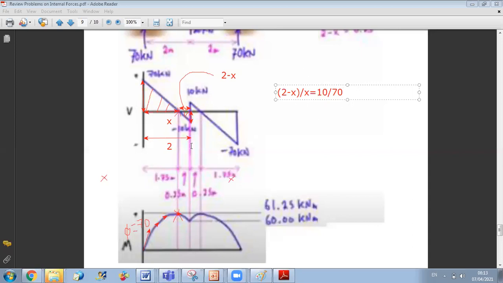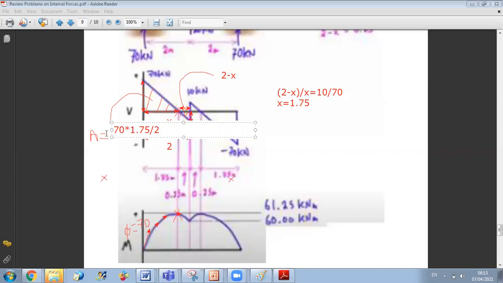So now, once I calculate the value of x, I will get x equals 1.75. Now I can calculate the area of this triangle. So the area here, you can just annotate like this, and this area is equal to 70 times x over 2, so it is 70 times 1.75 over 2.